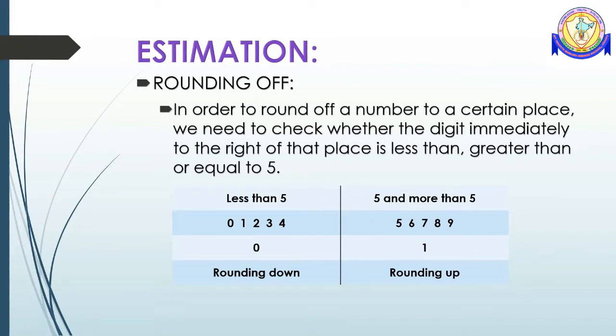If that digit is less than 5, then you have to make that units place number 0. Or if it is equal or greater than 5, then what you have to do? You have to make that units place number 0 and you have to add 1 to the tens place digit.